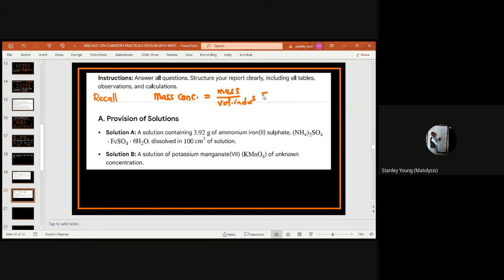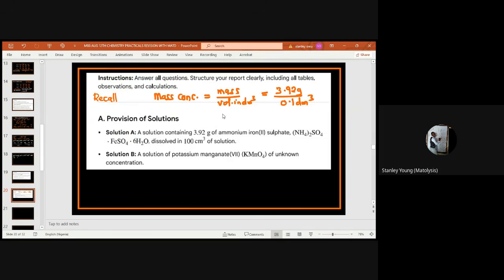So the mass of the solute supplied is 3.92 gram over the volume in dm cube. They gave you 100 cm cube. Convert to dm cube by dividing by 1000. So that's 0.1 dm cube.